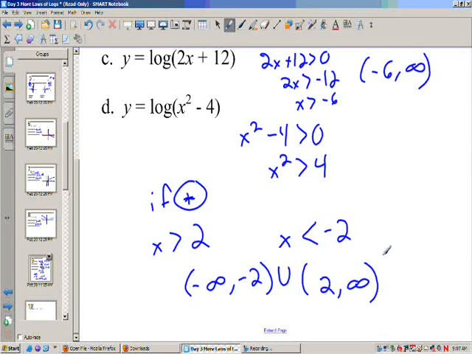And on our standard, if we do zoom standard, it kind of looks like this, where there are no values between -2 and 2, but everything less than -2 there are values, and everything to the right of 2 there are values.